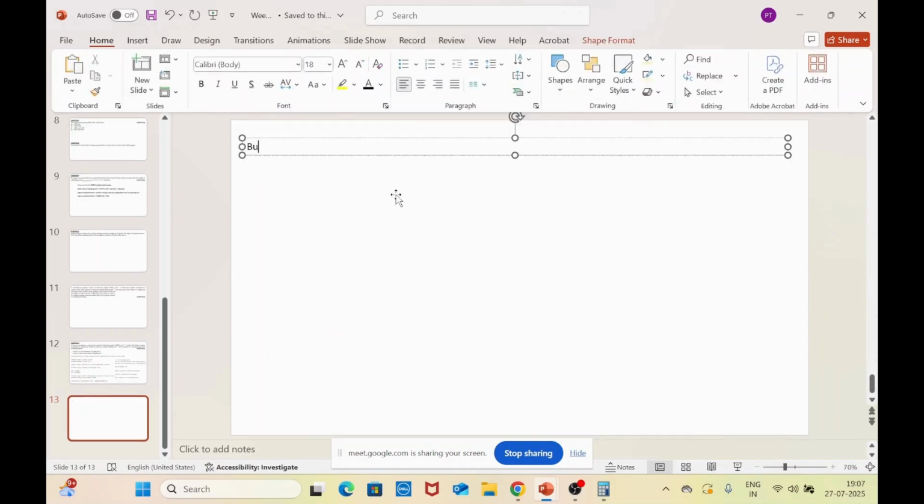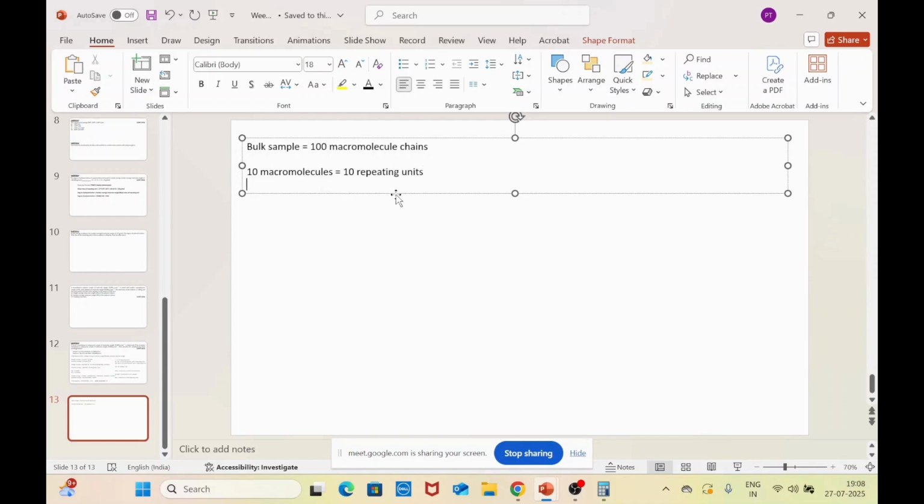So let's say a bulk sample has 100 macromolecule chains I'm talking about. Out of this, 10 macromolecule chains will have 10 repeating units. Another 10 chains will have, let's say, 20 repeating units.